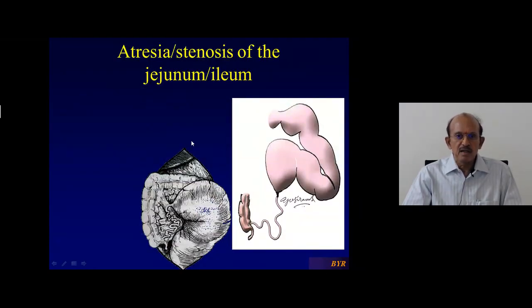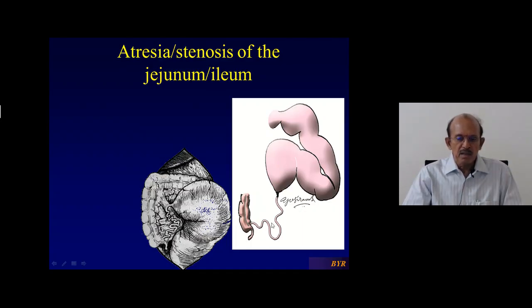Yes, you are right. It is the double bubble sign. Ectasia of the jejunum and ileum. So you can see here, this part of the jejunum is not developed. It is now a fibrous structure. So we have seen in intestinal obstruction, proximal to the obstruction, there will be dilatation. Distal to the obstruction, there is collapse.